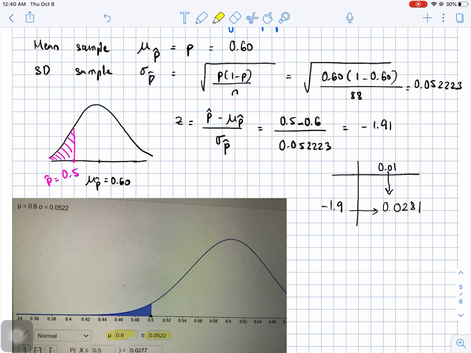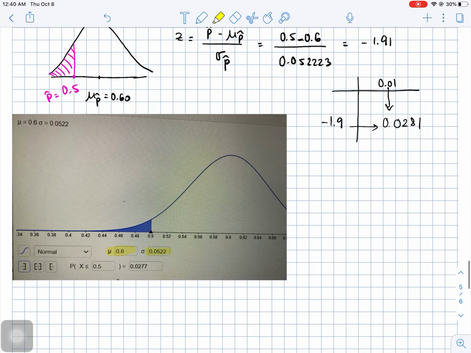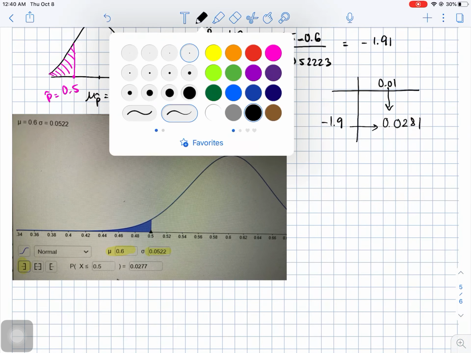And then we will use those numbers for the technology. The mean is 0.6. We will input in here. The standard deviation is 0.0522. We input in here. Notice that the standard deviation will only have 4 places.